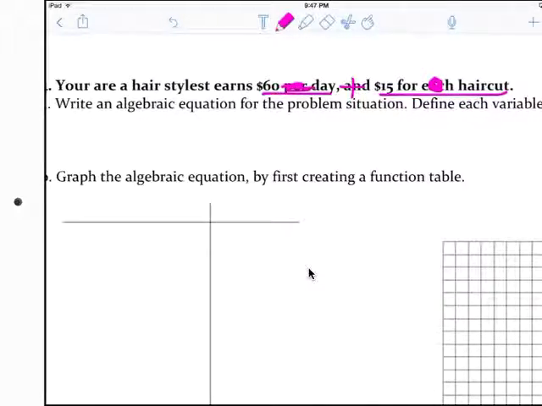Per means you want $60 a day. Okay, they want to see how much you earn a day with $15 for each haircut. So 60 plus 15 times H, which H represents the number of haircuts you did that day.